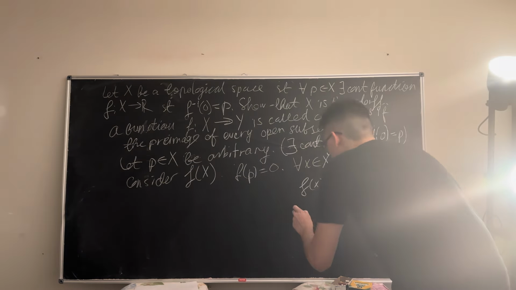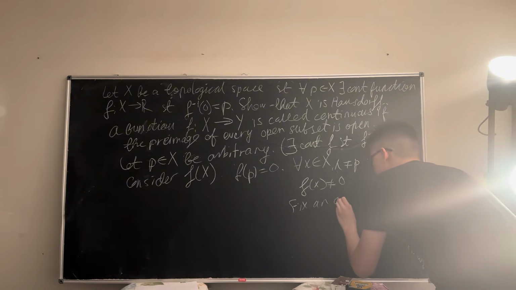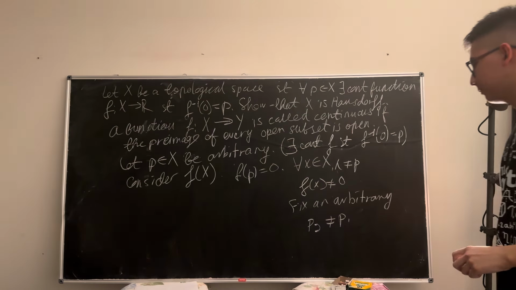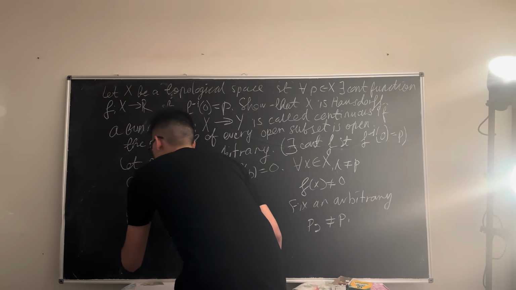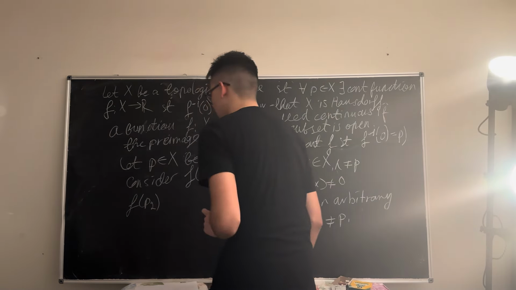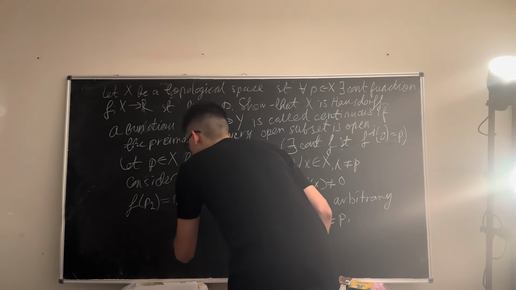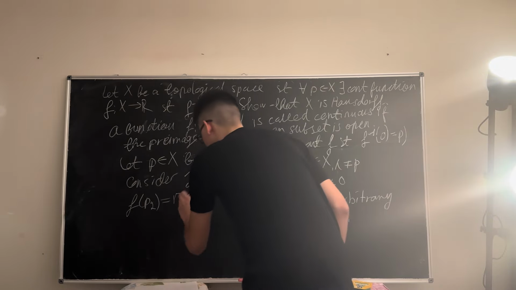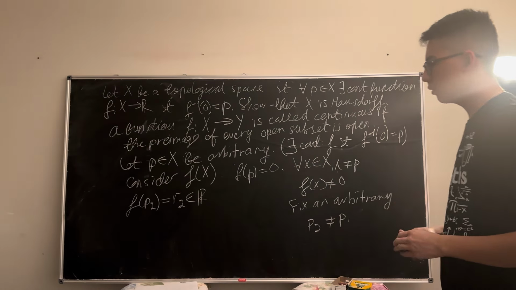So fix an arbitrary, let's call it p2, distinct from p. f of p2 is equal to some, let's call it r2, which is in R, obviously.